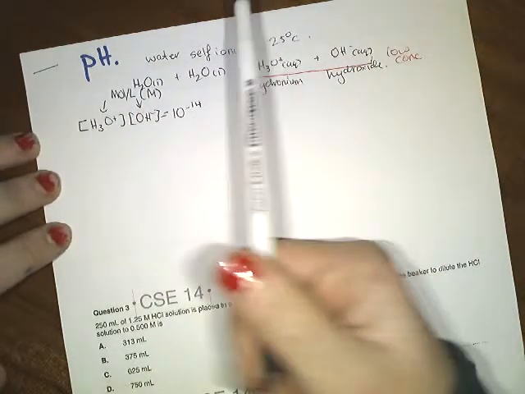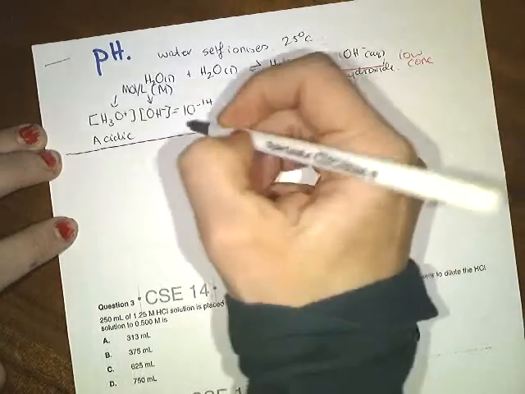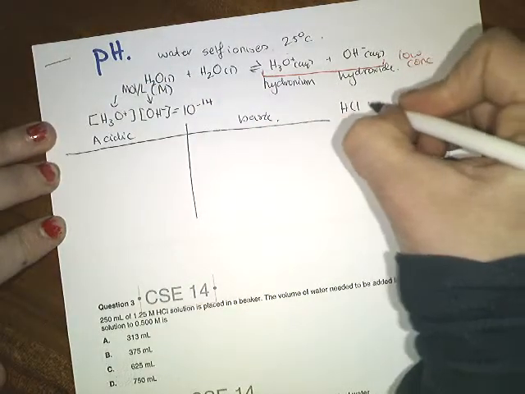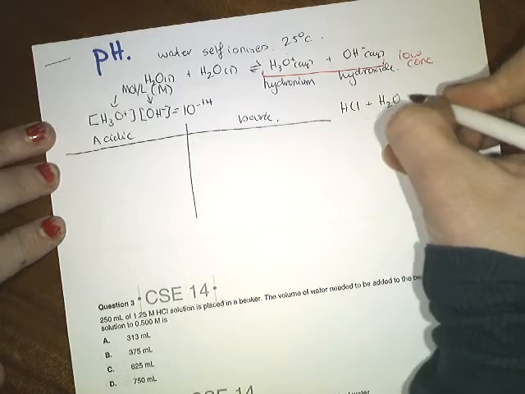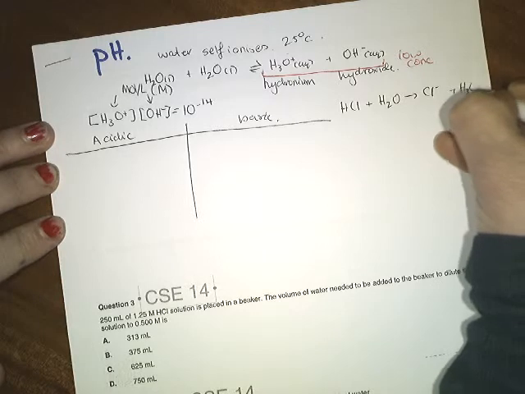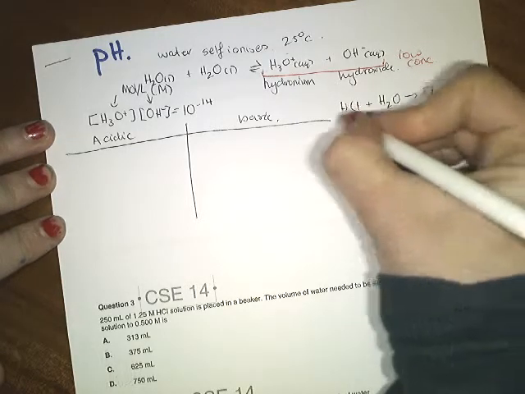Okay, so we may talk about an acidic solution, we may talk about a basic solution in a number of ways. When you add an acid to water, what happens is it reacts with water to produce Cl minus and H2O plus. This is a strong acid and will completely ionize in water.